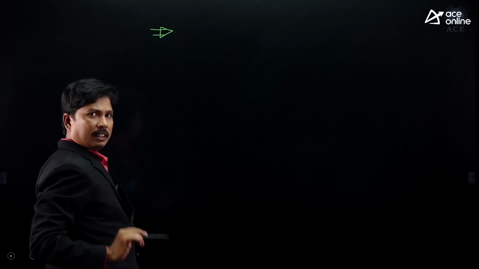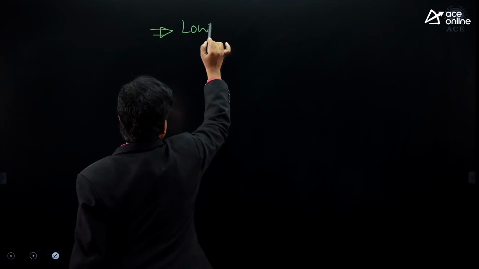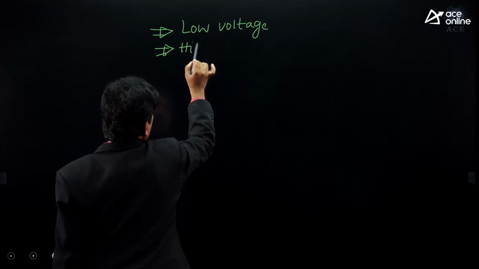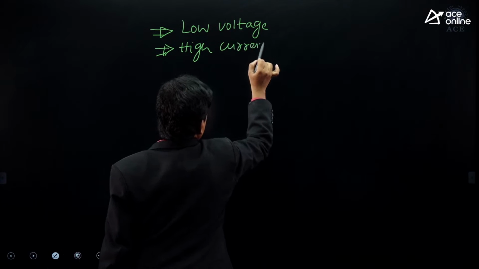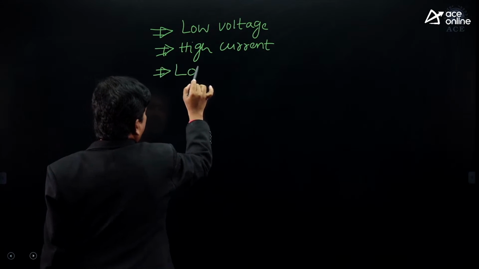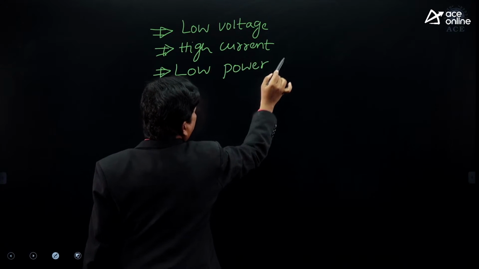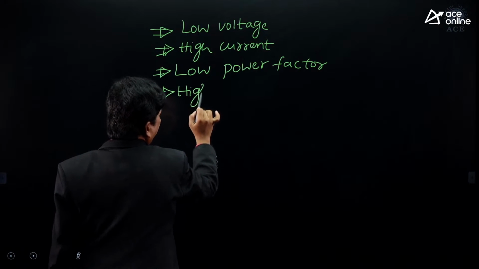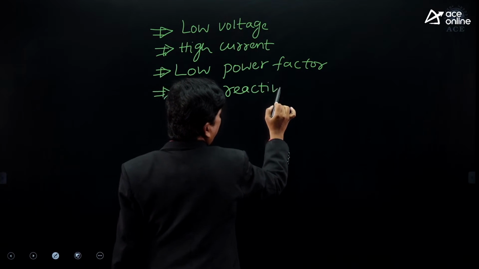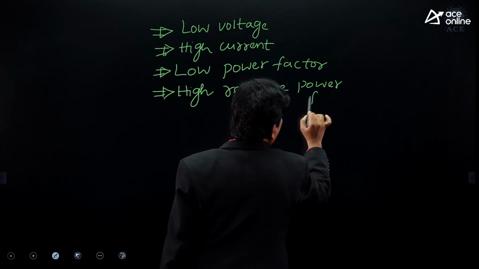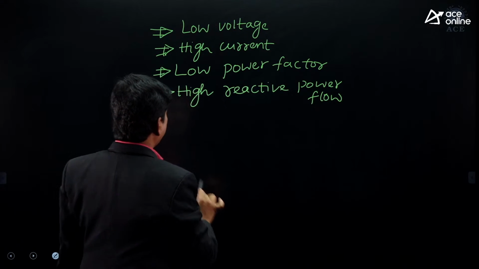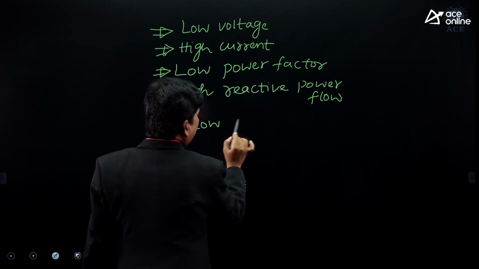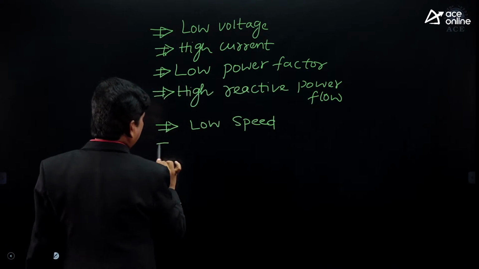The consequences of short circuit faults: we are having low voltage, high current, low power factor, and high reactive power flow from source to the load, and we are having low speed operation because of high current, right?